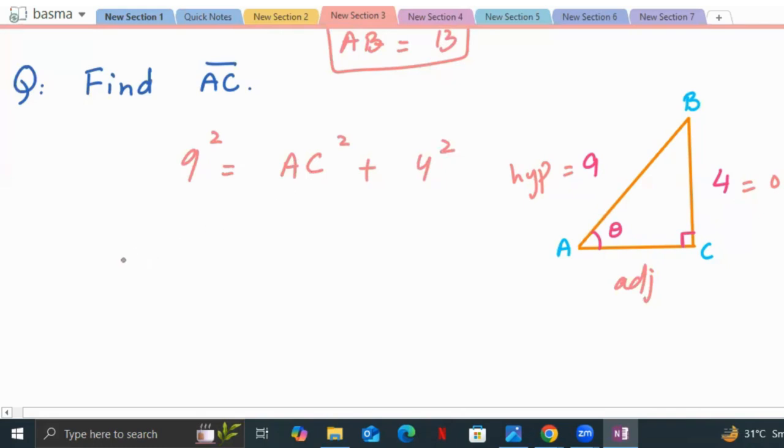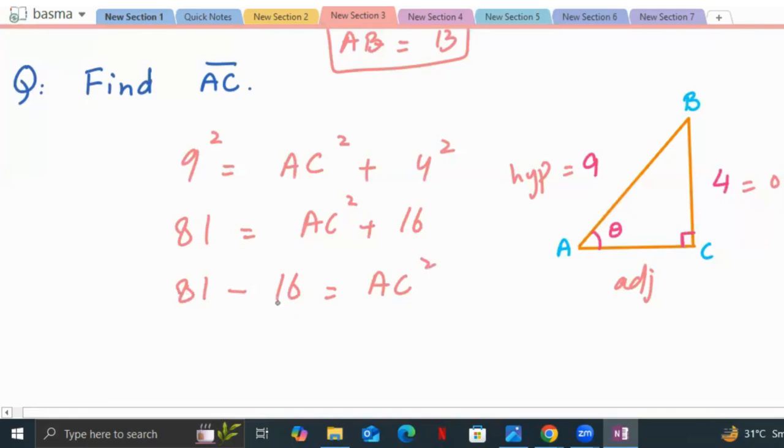Now we have to find AC. So I need to get rid of every term which is with the AC. So what I'm going to do, 9 squared is going to be 81 equals AC squared plus 4 squared, which will be 16. So I move the 16 to the other side. So it becomes 81 minus 16 equals AC squared.